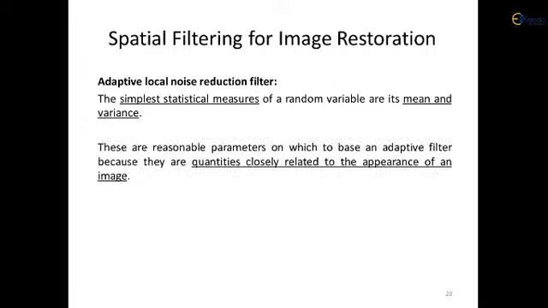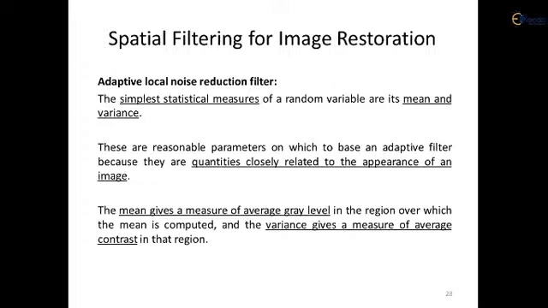Whatever image information is hidden in the signal can be better explained by the statistical measurements of mean and variance, and both these parameters are taken into consideration before finding the resultant pixel intensity. The mean gives the measure of the average gray level in the region over which the mean is computed, and the variance gives a measure of the average contrast in the region. So these two parameters are very helpful in the filtering process.